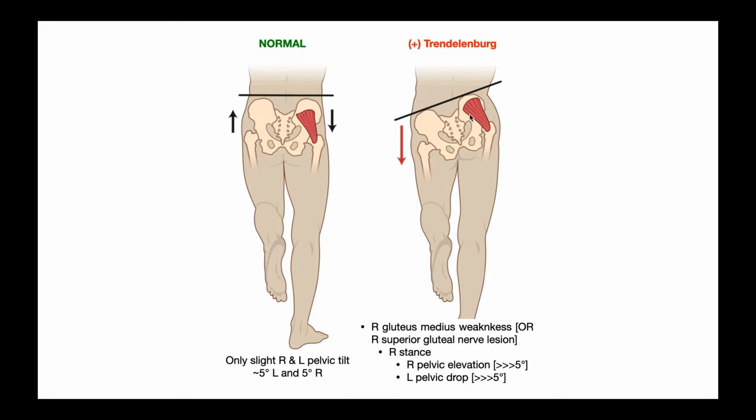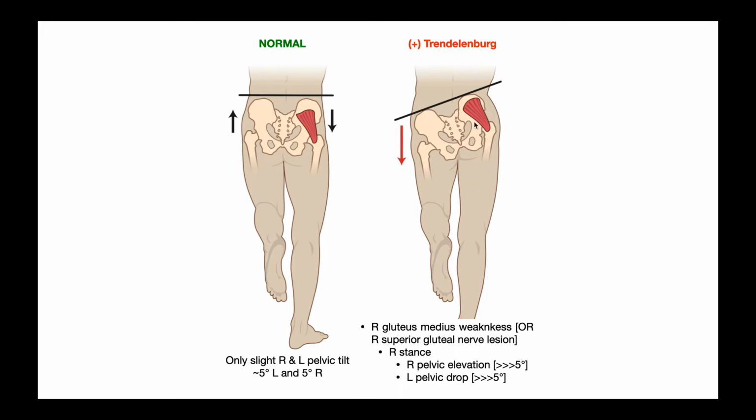So the key with a positive Trendelenburg sign is you're going to have either a weak gluteus medius or some kind of lesion or damage to the nerve that innervates it, the superior gluteal nerve. And so whatever side that weakness or lesion is on, you're going to see the Trendelenburg sign when that limb is in single limb support.